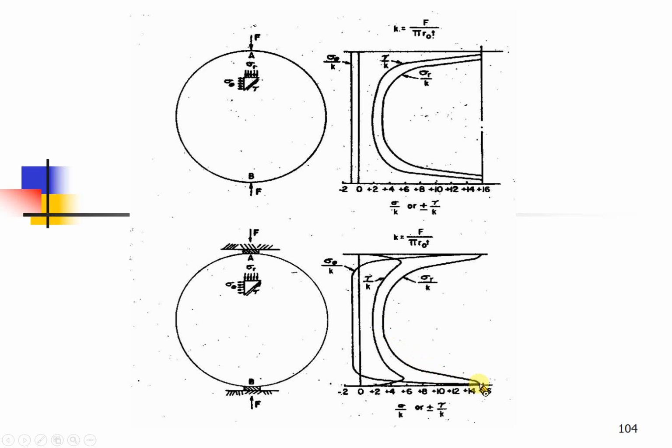Okay, that will not influence the data analysis because we care about this part. It's still the same. This part will be the same as with the line load test.